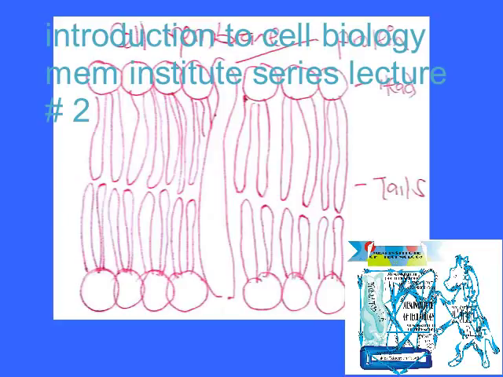Now, let us look at movement of ions and molecules across membranes. This requires the participation of protein transporters. Molecules move spontaneously toward lower concentration, that is the chemical gradient, and toward opposite charge, that is the electrical gradient.